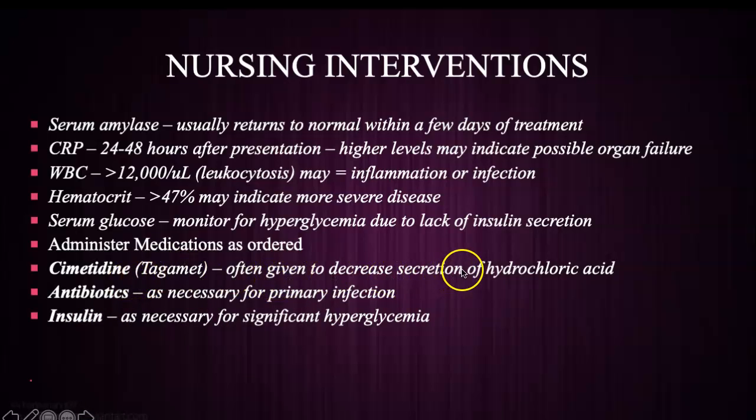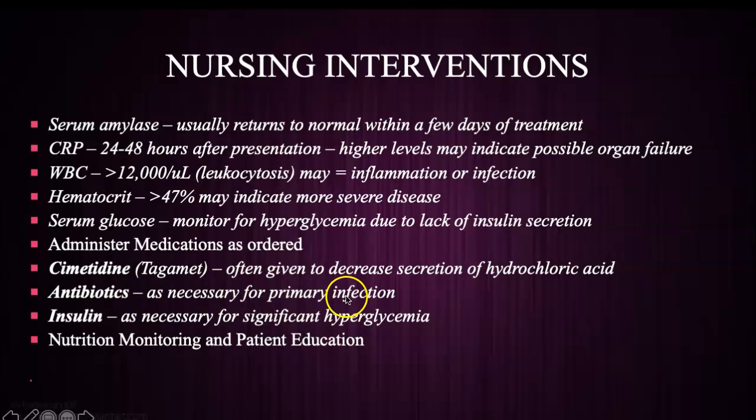And then, as I said, because there's no pancreatic juice to balance out the HCl from the stomach contents, therefore, in order to avoid the formation of ulcer, Tagamet should be given to counter this excessive acid and prevent peptic ulcer. Antibiotics if there's an infection.